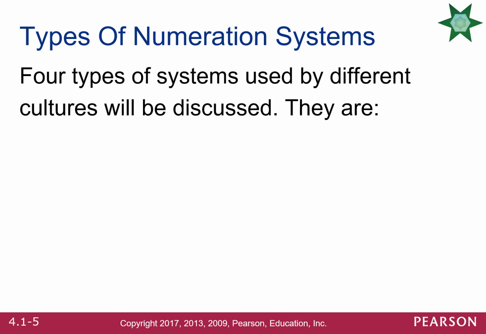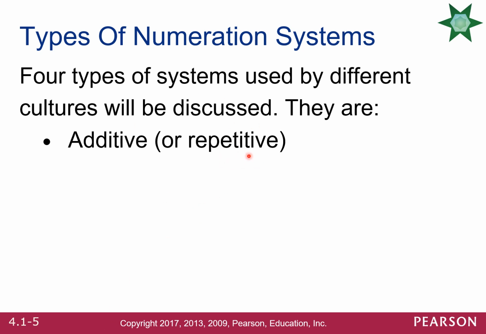Now, there are 4 types of numeration systems that we will learn of. The first one is the additive or the repetitive rule. As the name suggests, the additive rule means we use addition in some form to come up with a number from the numerals. All right, and then we have what's called the multiplicative rule, which involves multiplication.